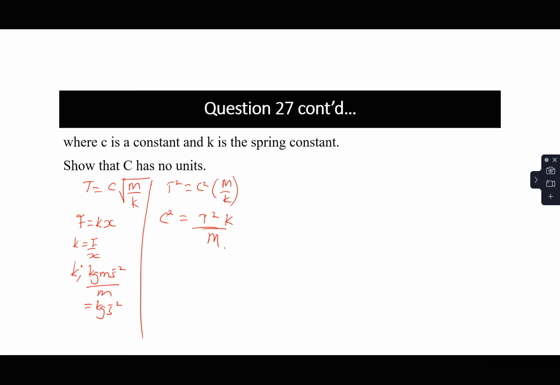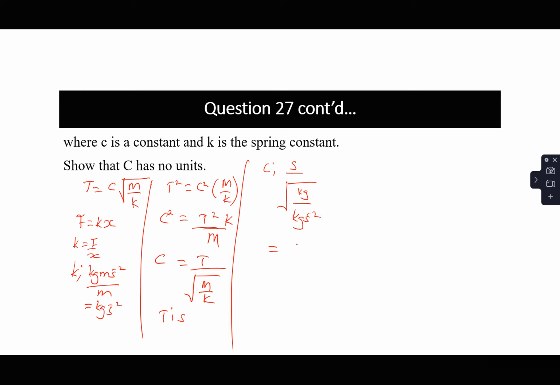Alternatively, I would just have made C the subject by simply saying that C is equal to T divided by the square root of M over K without even breaking it. So when I substitute quantities, remember T is time. The base units of T were seconds. So the base units of C will be time, which is seconds, divided by the square root of M, which is mass in kilograms, divided by K, which is kilograms per second squared.